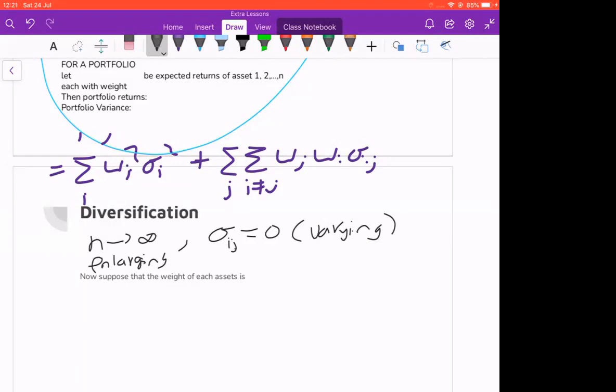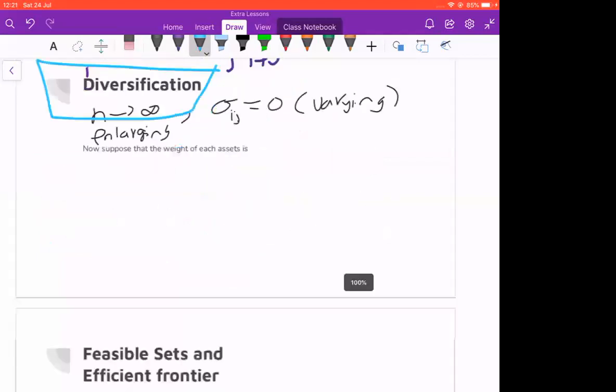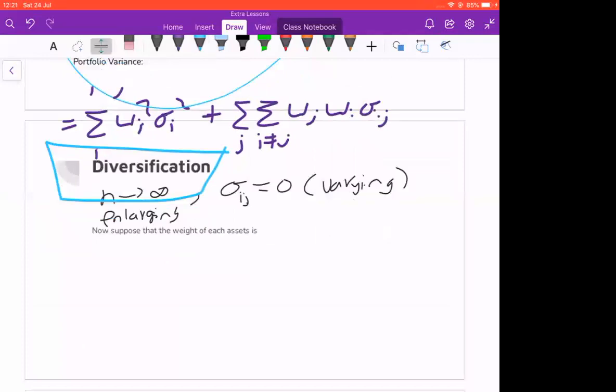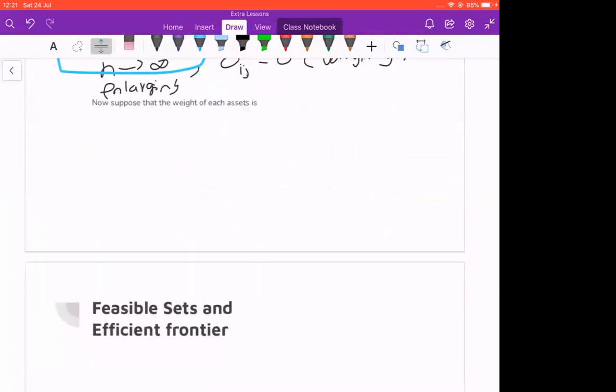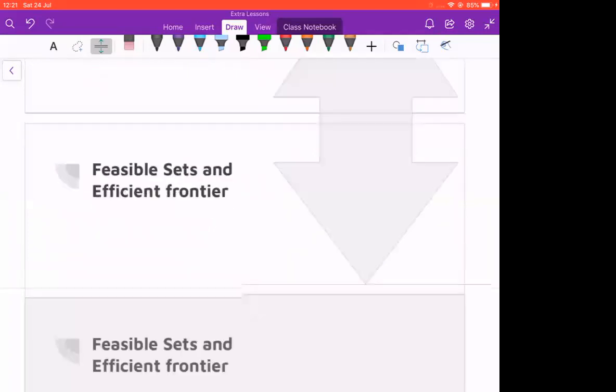To answer this question, in our course, whenever they talk about diversification, they always mean enlarging the number of assets in a portfolio, increasing them. We can look at both scenarios, whether those assets are correlated or not. So in this case, this is what we will do.